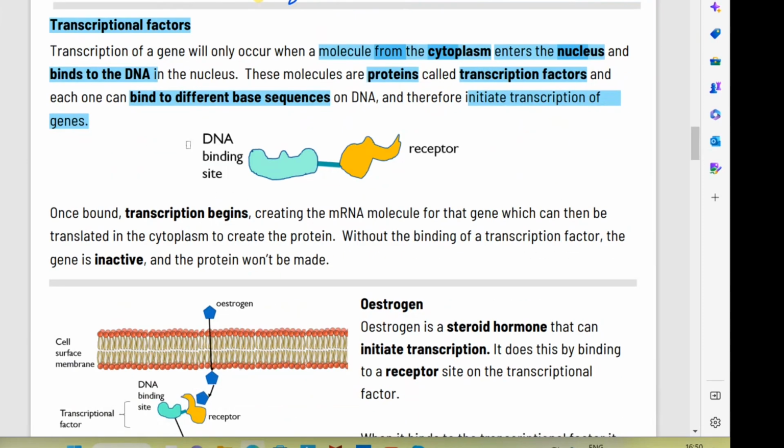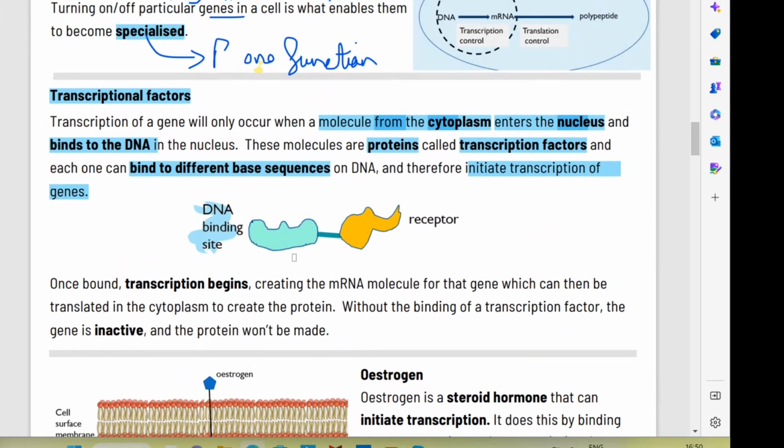So we've got our DNA binding sites. So this is on the DNA molecule, we have a binding site, and we also have some receptors there. So this is outside in the cytoplasm.